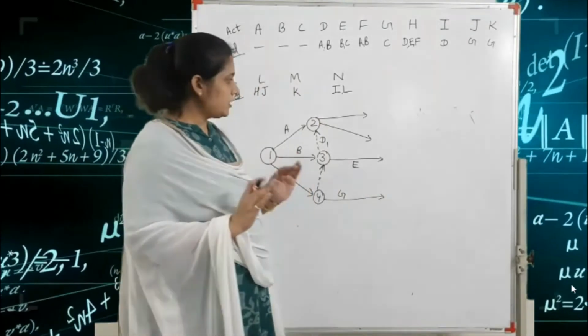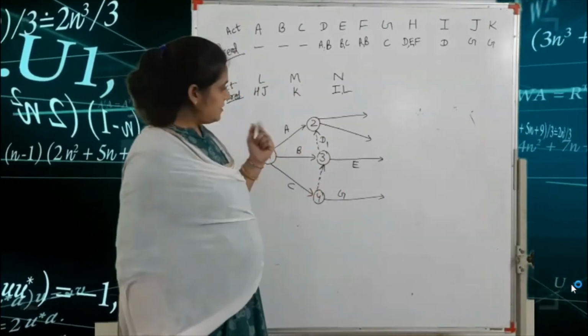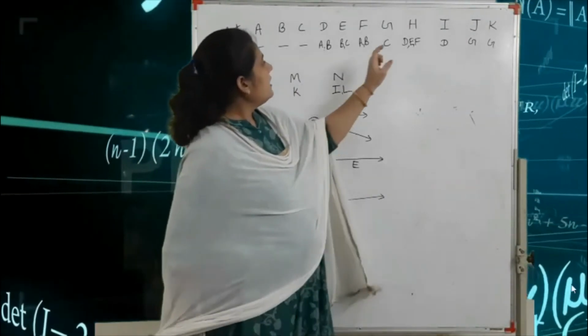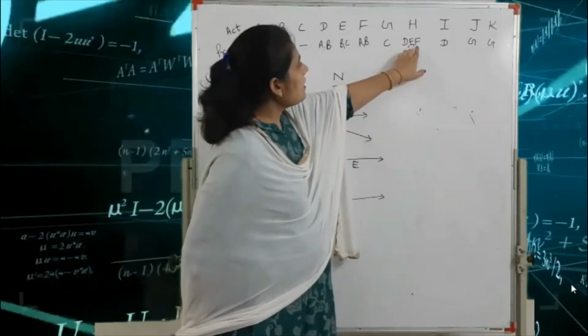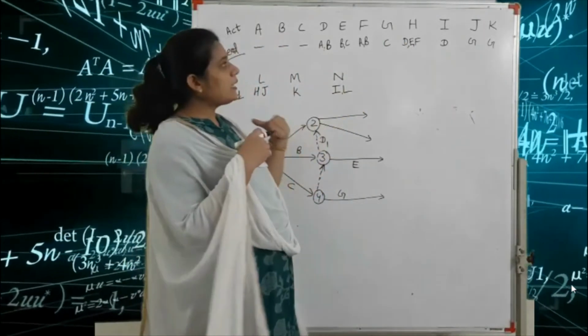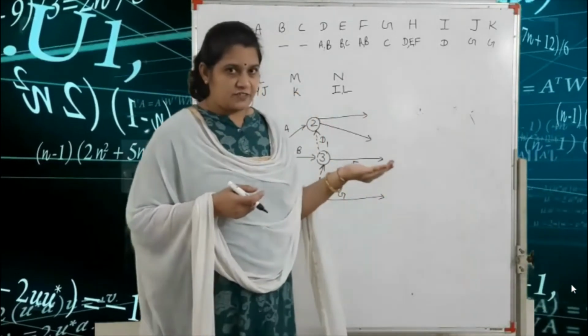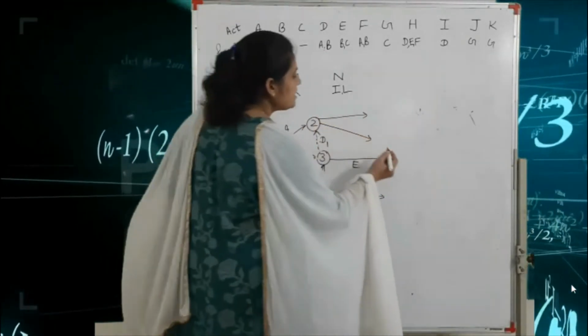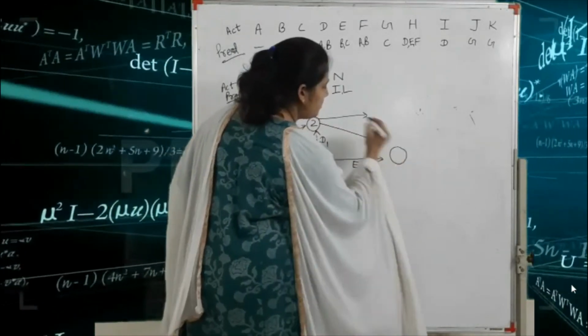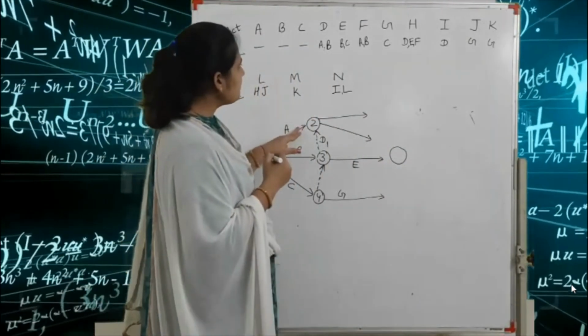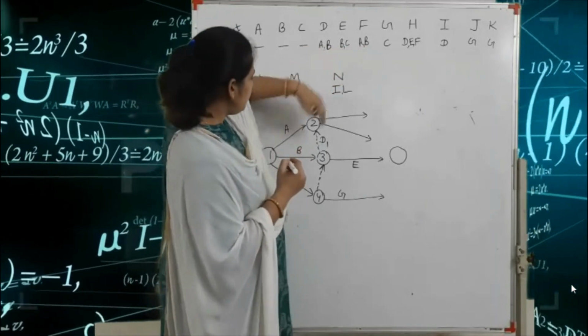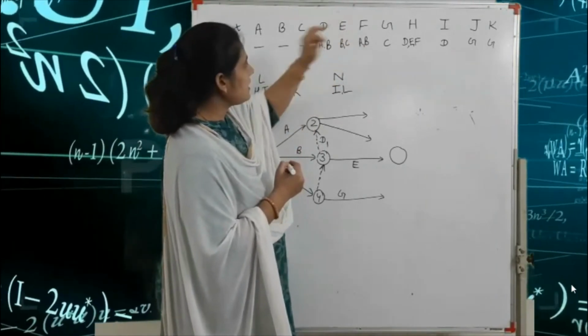Got it? Again, we see here D, E and F activities are completed, then we start the H activity. That means here we write the one node. A completed, then A and B completed, then start the D and F activity.